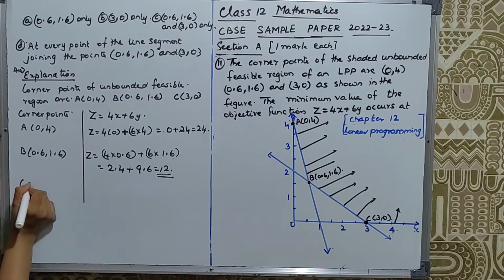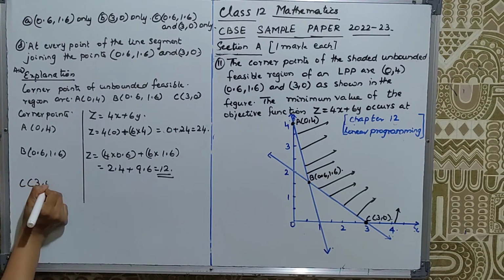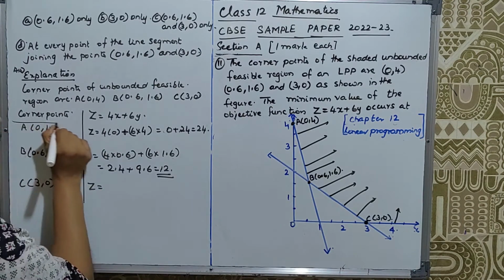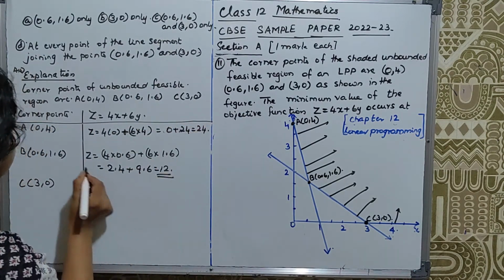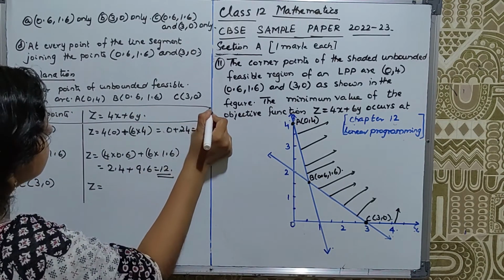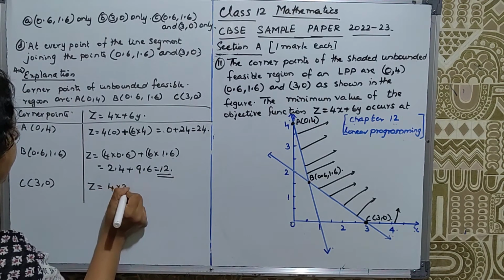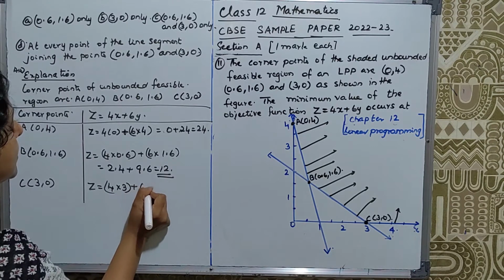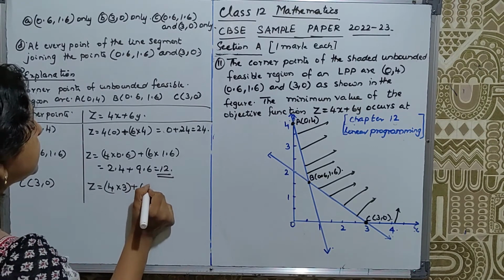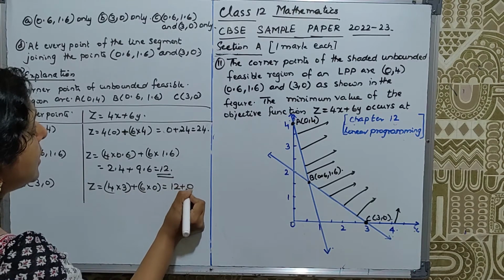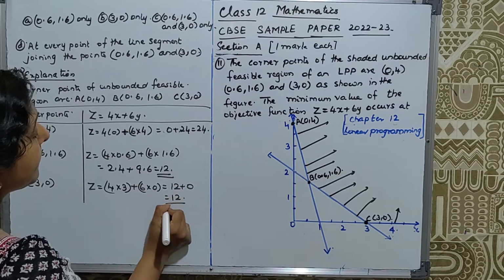Now the third one, C, the coordinate is (3, 0). So Z will be equal to 4 into 3 plus 6 into 0, equal to 12 plus 0, equal to 12.